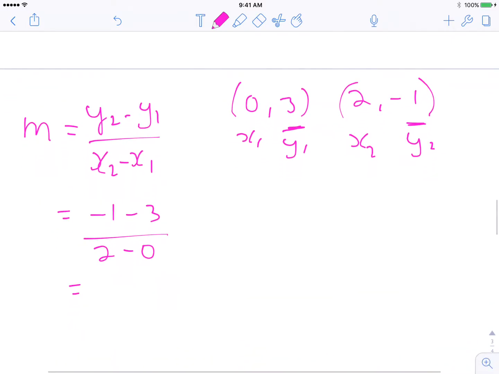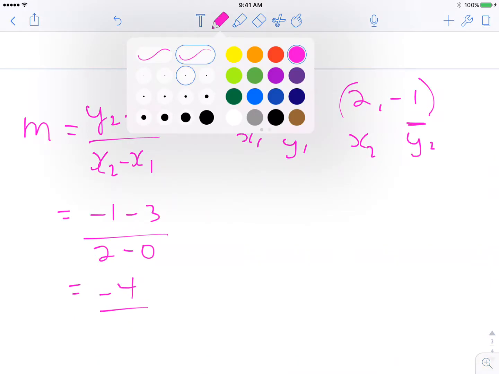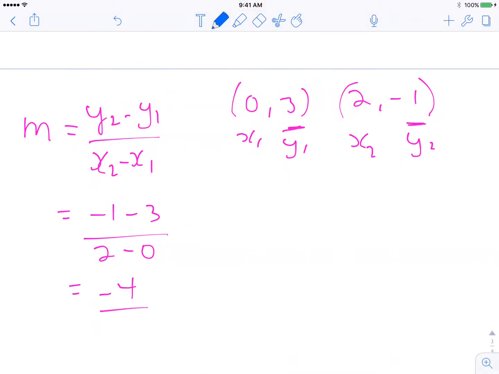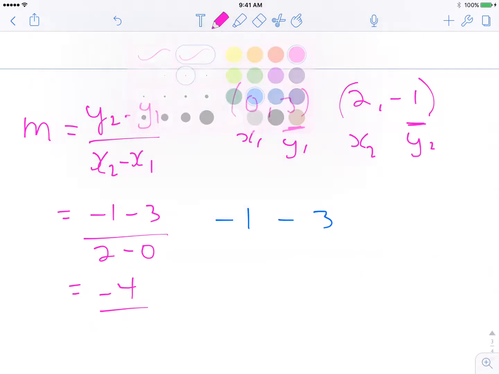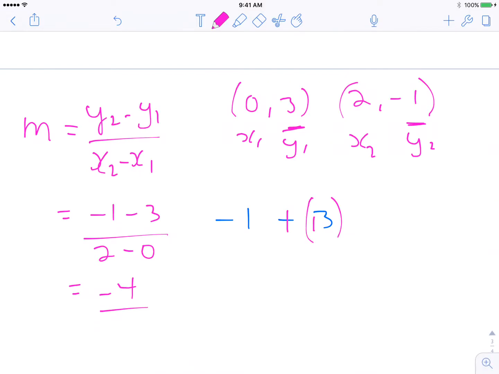In this case, we have -1 minus 3, which is -4. Just for those who aren't familiar with their integers, -1 minus 3. When you have subtraction of integers, the rule that we use is change subtraction to addition and change the following integer to its opposite. So the +3 becomes negative.